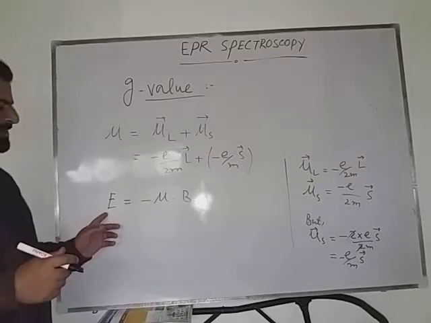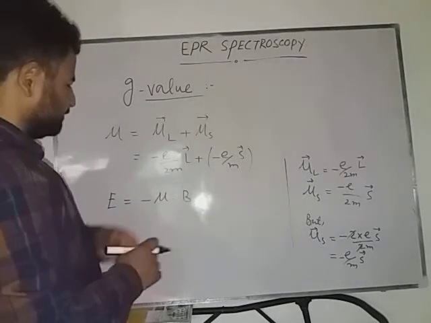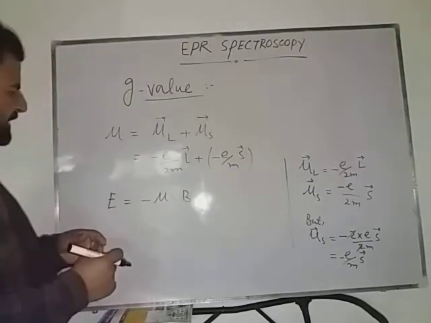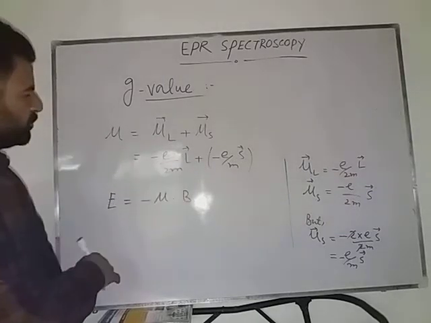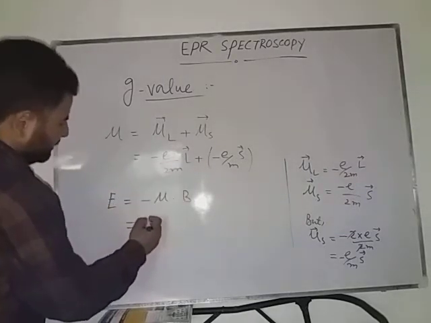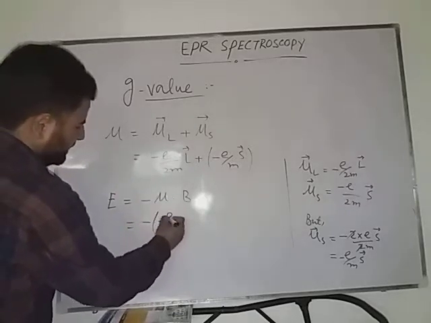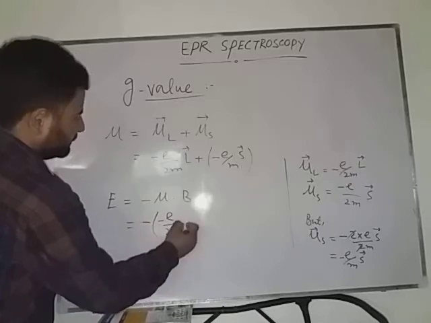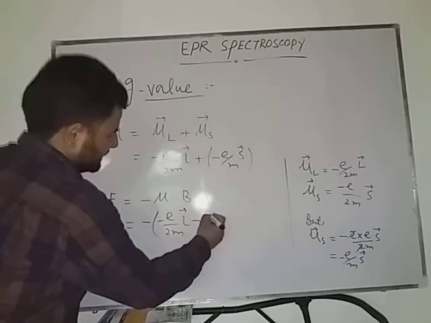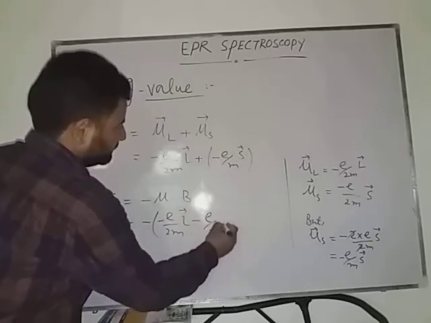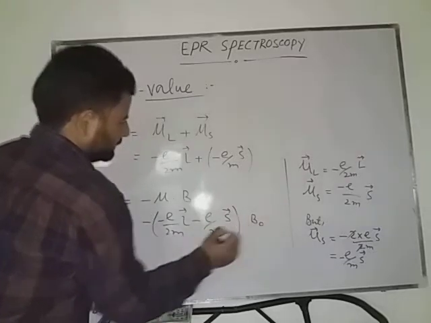The energy of interaction will be given by this equation, as I already told you in the previous lecture. So for mu we can substitute this value, then it will become minus into minus E by 2m L minus E by m S, dot B naught.